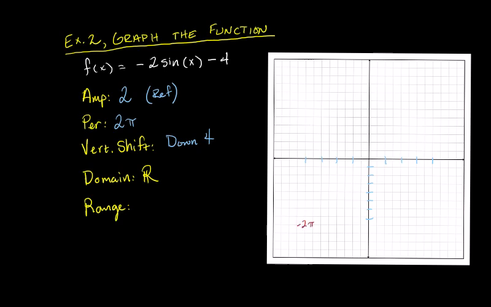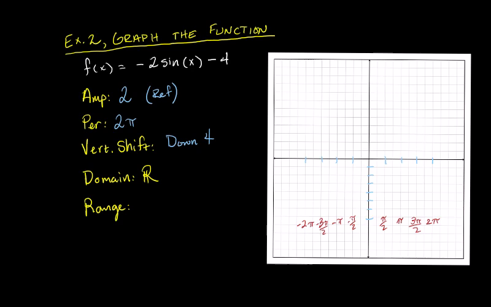That'll be negative pi. This will be pi. And that will be 2 pi. In between is 3 pi halves. That means this one's negative 3 pi halves, negative pi halves, and pi halves.